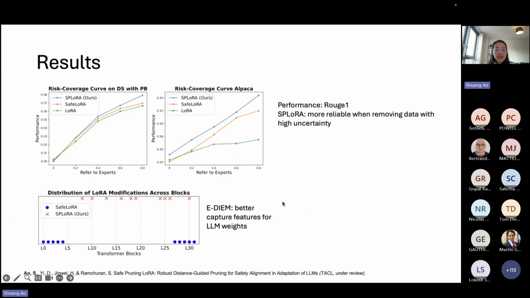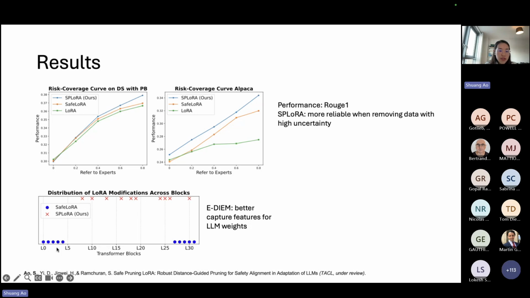Another very interesting finding is this: let's say we need to filter out some layers of the large language model, then which layers are we filtering out? Because there are 32 transformer blocks, and inside we test on the Q, K and V. For example, for SafeLoRA, the previous method, it only focuses on the very first and the very last blocks.